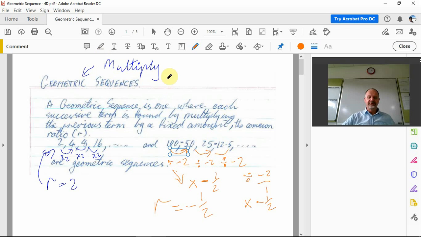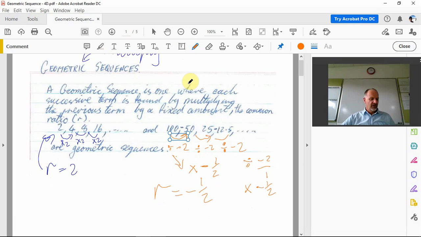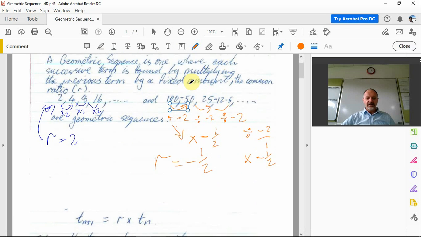If you're dividing by 3, then you're multiplying by a third, and so we use r as 1/3 in that case. So to get the next term, we'd take this term and multiply it by the ratio. 12.5 times by half, and then 6.25 would be the next one, and so on.